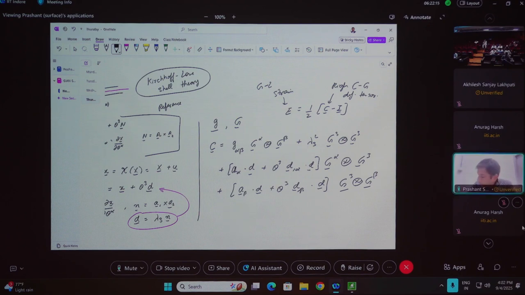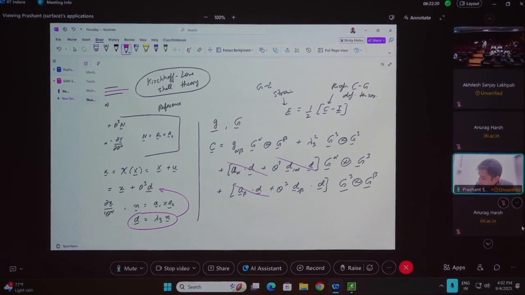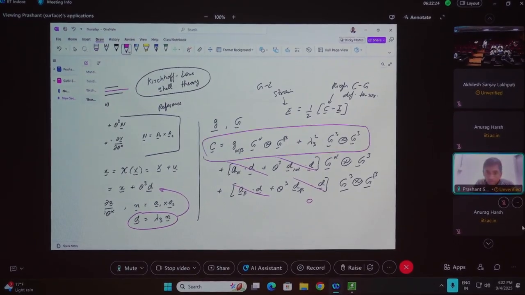So because of these two assumptions, these four quantities just go down to zero. So you're left with a very simple approximation for the Cauchy-Green deformation tensor.